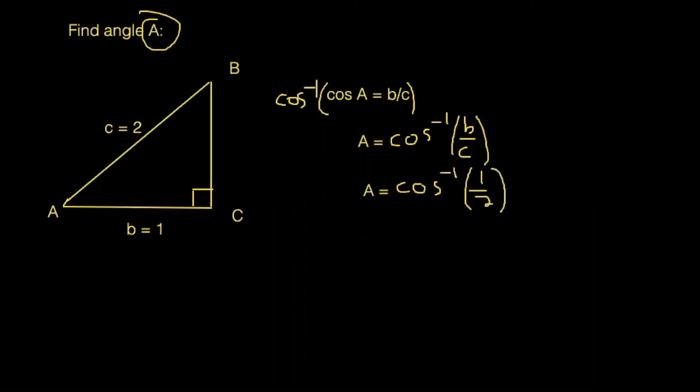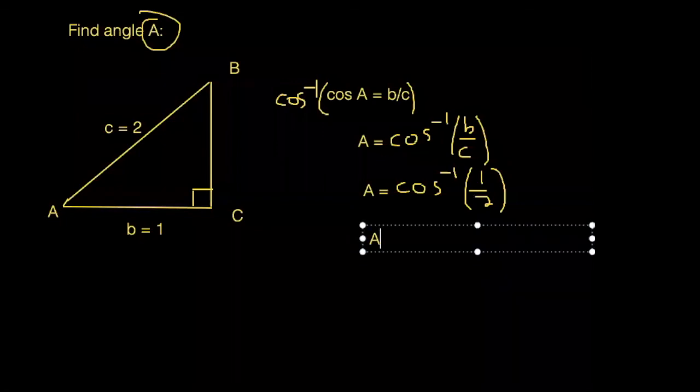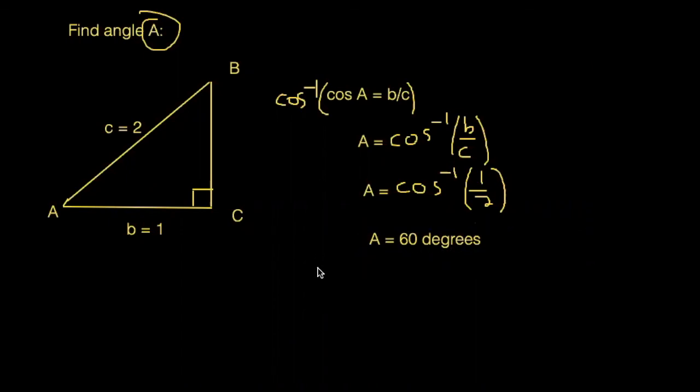I believe that's 60 degrees, right? But make sure you're in degrees mode if the question asks for degrees. Make sure you're in radian mode if the question asks for radians. And if you have a fancy calculator, it'll actually give you pi over 3. So feel lucky if that's happened to you.